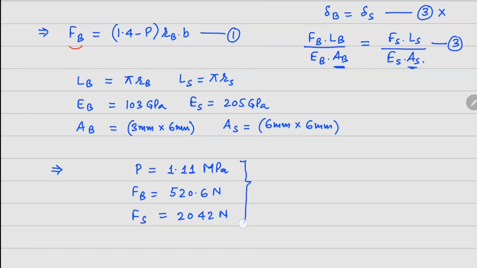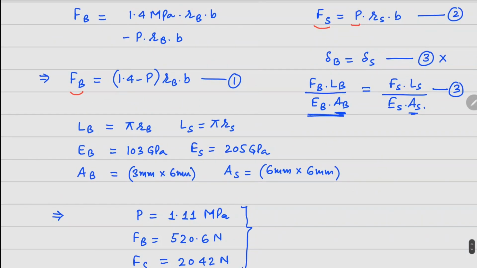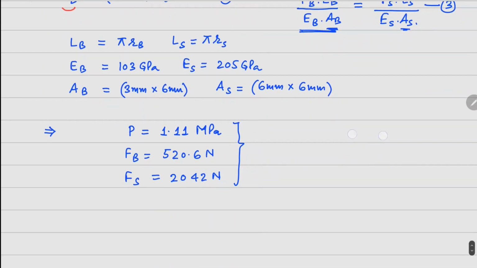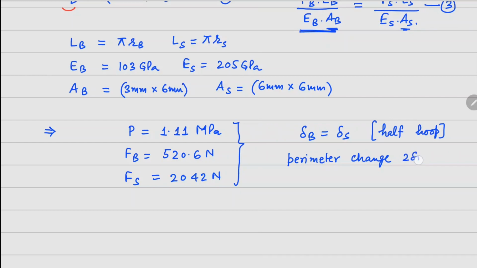Now once this is known, we can go back to these formulas and we can find the value of delta B equals to delta S. And remember, these relationships were written for half hoop. Okay, so for the complete hoop we can write your delta S 2 times delta B. So in terms of change in perimeter, your perimeter change is going to be 2 times delta B, which comes out as 0.53 millimeters.